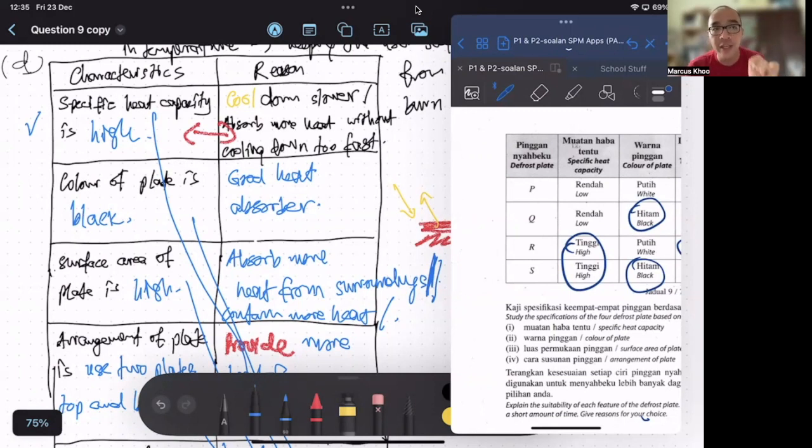That's why the specific heat capacity must be high, so that you can slowly lose heat without losing the temperature. The temperature remains high, although you're losing heat. It can store more heat without cooling down too fast. If you understand in that aspect, then I think you'll probably be able to understand this question.